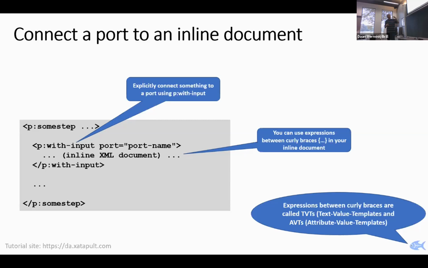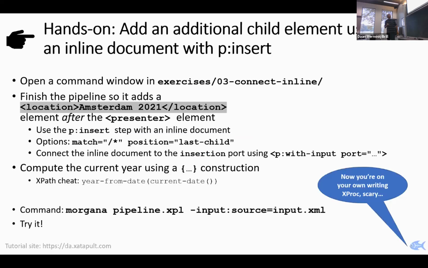So you can do things with curly braces in your document. Those that are already used to XSLT 3 know that it has this as well. So what I want you to do now is to add an additional child element using an inline document with p:insert.